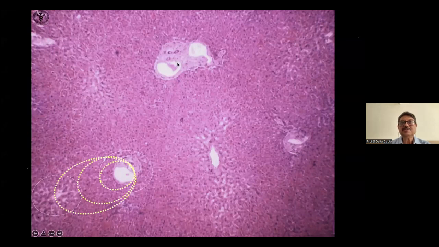In the low power, the largest area which is completely open will belong to the portal veins. So this brings blood from the portal veins. They're thin walled and large. And then you'll find these smaller structures, which are the arterioles and the bile ducts, right?